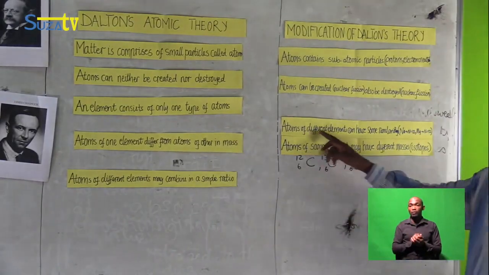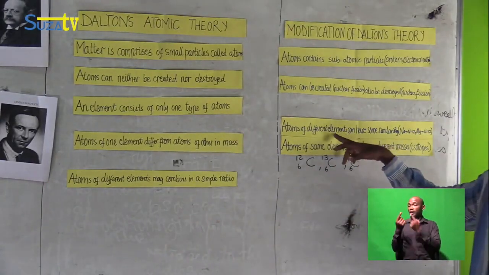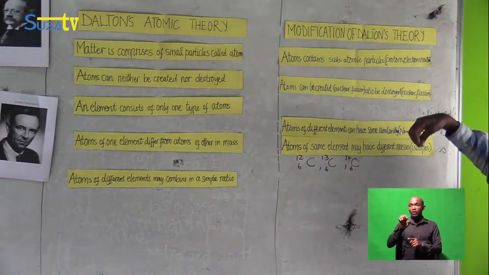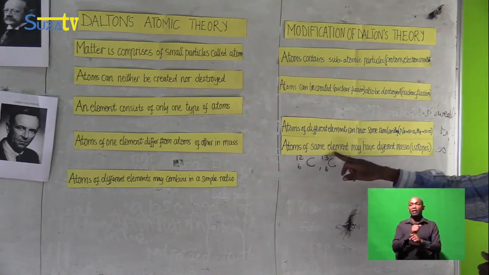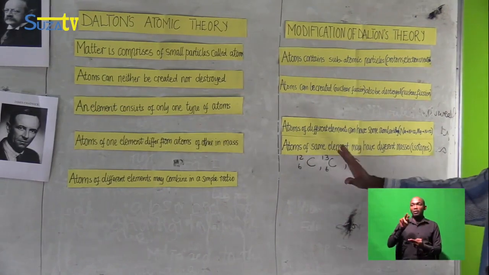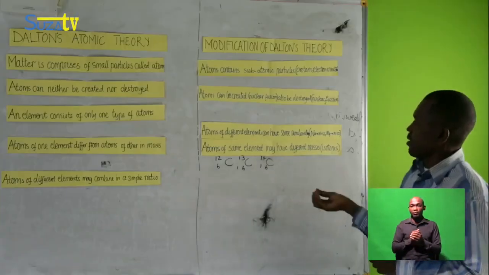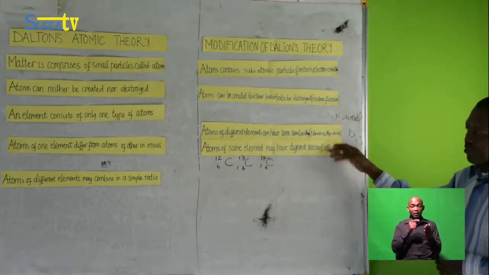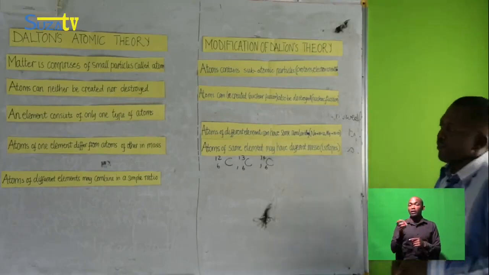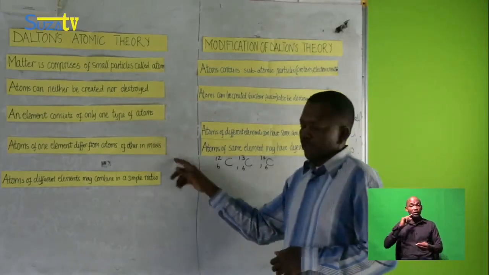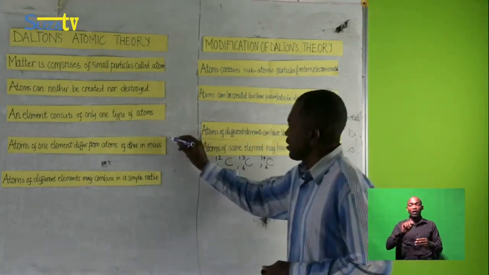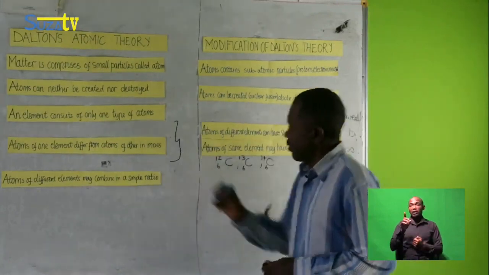Here we are talking about atoms from different elements having the same property. Here we have atoms of one element having different properties, for example, different mass. So both of them try to challenge the Dalton atomic theory.